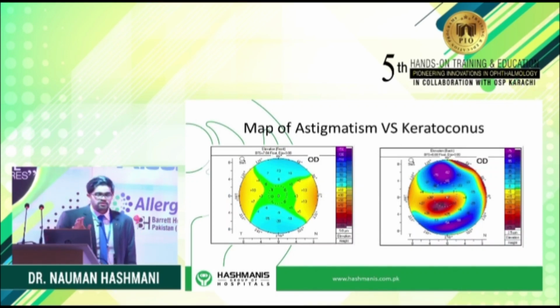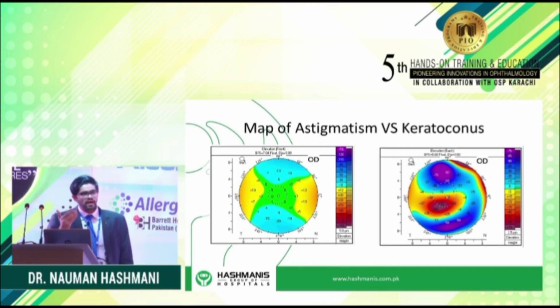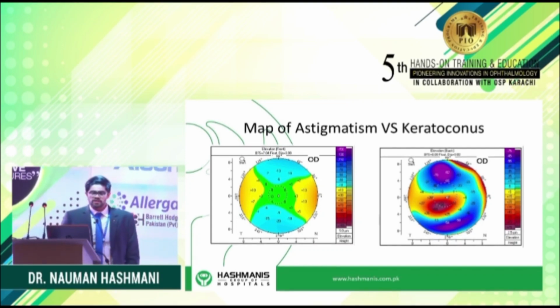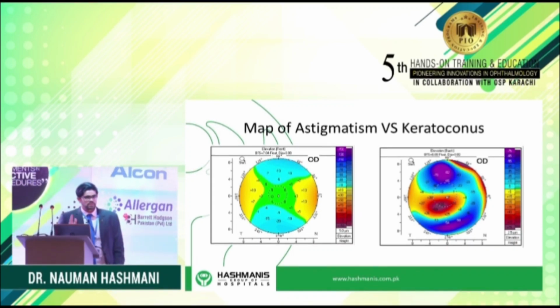Now, just an introduction to what the difference between a normal astigmatic cornea and a keratoconic cornea would be. What you see on the left here is a normal astigmatic pattern, so you're seeing a steep axis vertically and a flat axis horizontally. If you saw this on a sagittal curvature, you would see a symmetric bow tie. But when you look here, you're seeing a very keratoconic cornea.